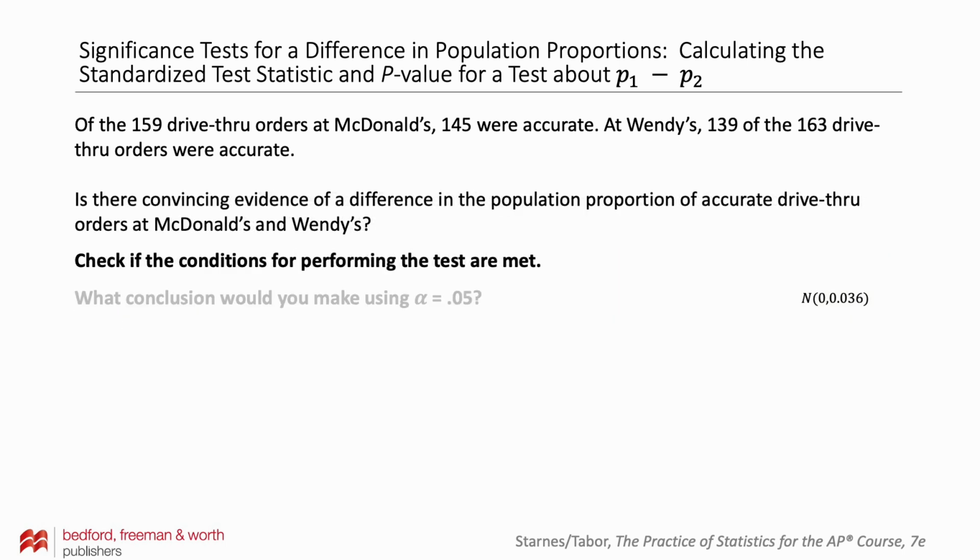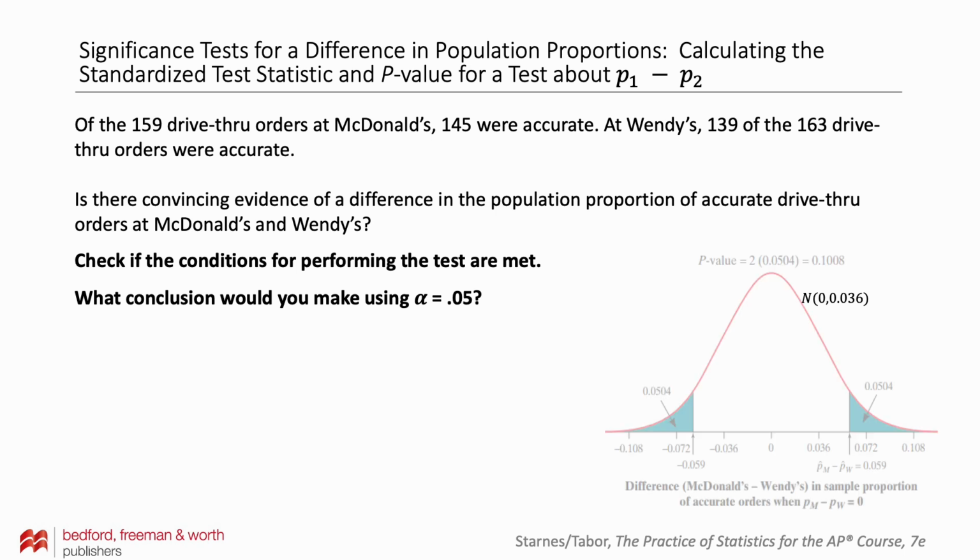Looking at this one, now that the conditions are met, what conclusion would you make using the alpha level of 0.05? So remember we stated this is two-sided, so here's our normal curve. Okay, here's negative 0.059, which is the p hat sub m minus p hat sub w.